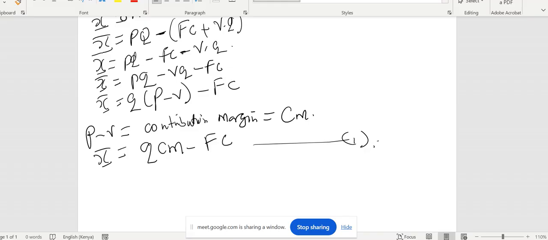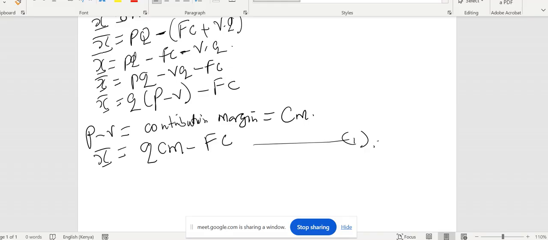Repeat one last time the contribution margin. That's a nice reminder. So here we are saying selling price minus variable cost per unit gives us the contribution margin. It's like the profit per unit. So if you have the profit per unit, how many units did you sell?